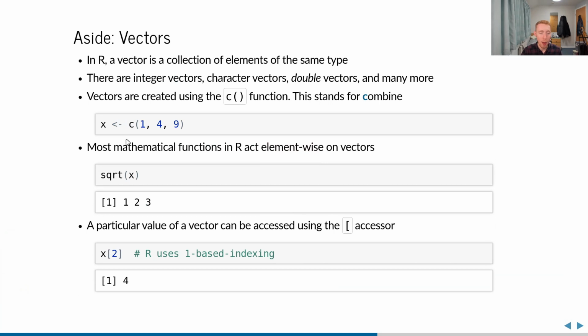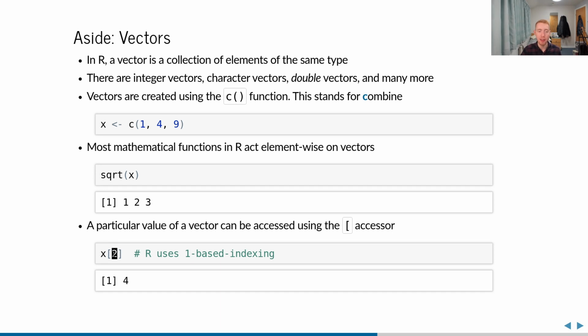We may want to access a particular element from a vector. To do this, we use a single square bracket. Double square brackets we use for extracting a column from a data set, and we can use a single square bracket to extract a single value from a vector. We can access these using numbers, which are referred to as indices.